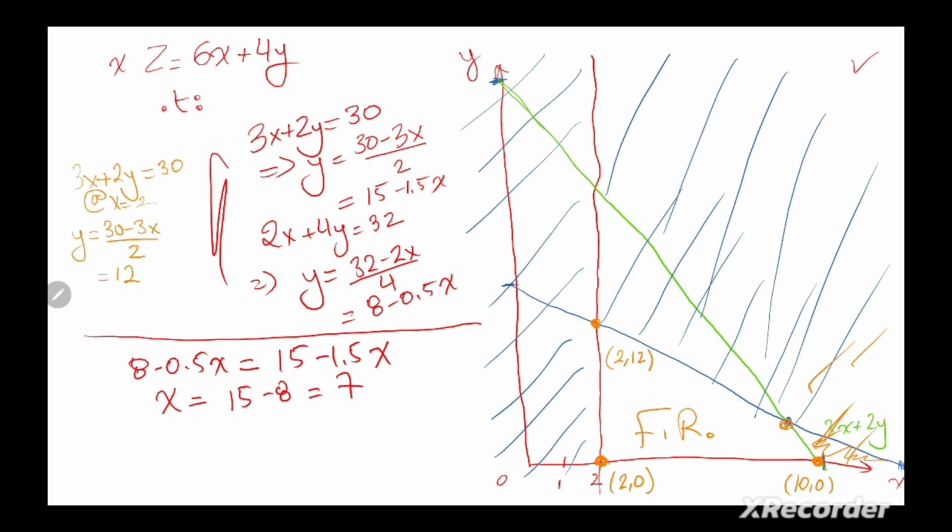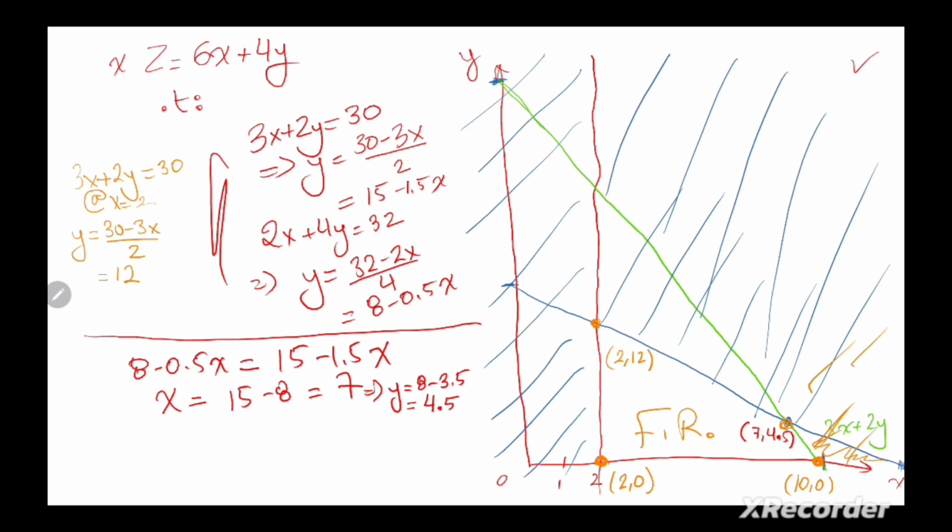Now we replace the 7 in one of those equations. So y equals 8 minus 0.5x, which means 8 minus 3.5, you get 4.5. So this point right here is (7, 4.5).